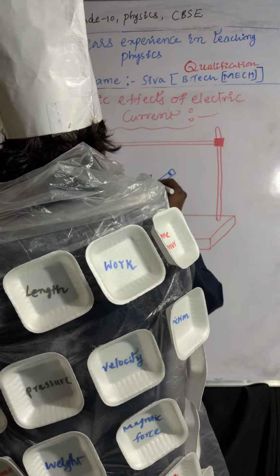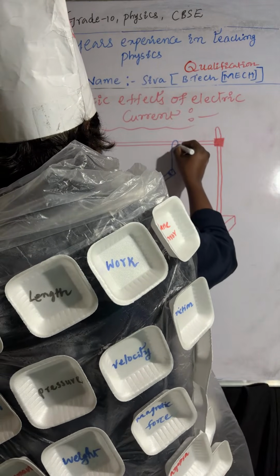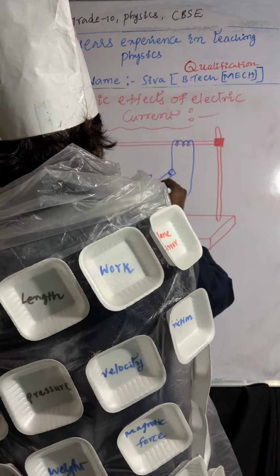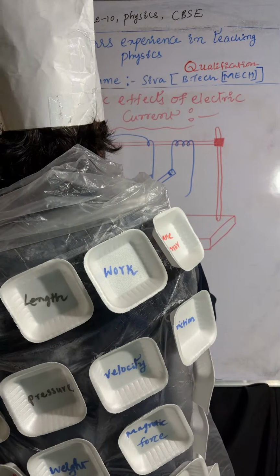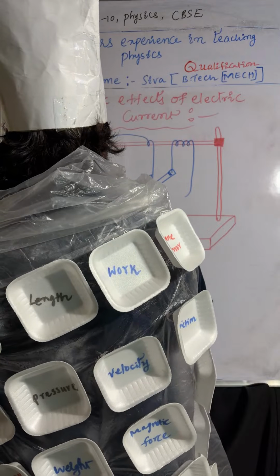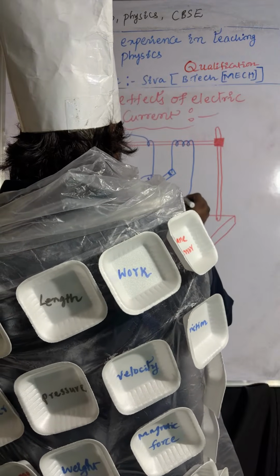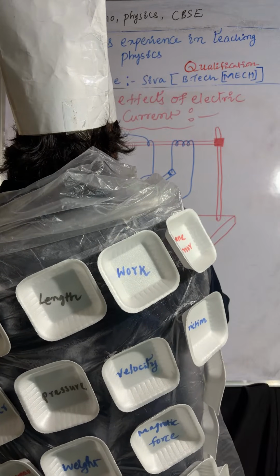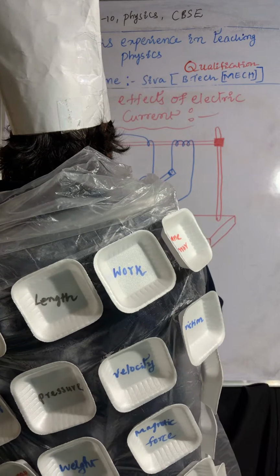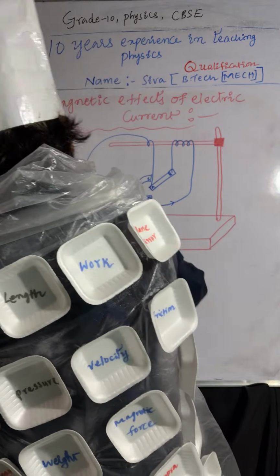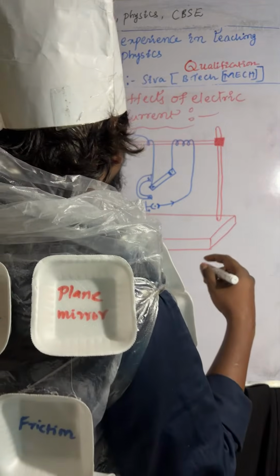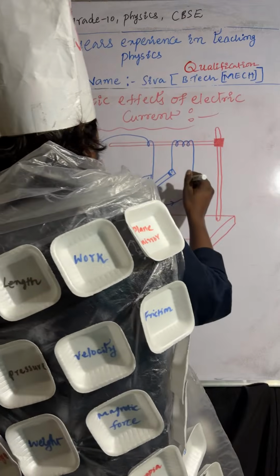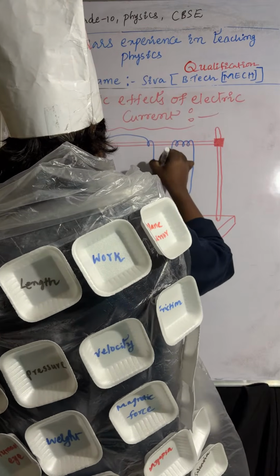So here you can see, current is passing, a magnetic field will be produced like this. Understood or not? So if you place the current carrying conductor in the external magnetic field, it experiences a force.